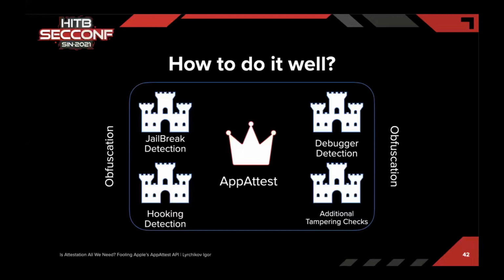Because you remember bypass scenario number 2 or number 3. Yeah, it was number 3. We just patched it and resigned the app. So AppAttest won't even trigger in this case.